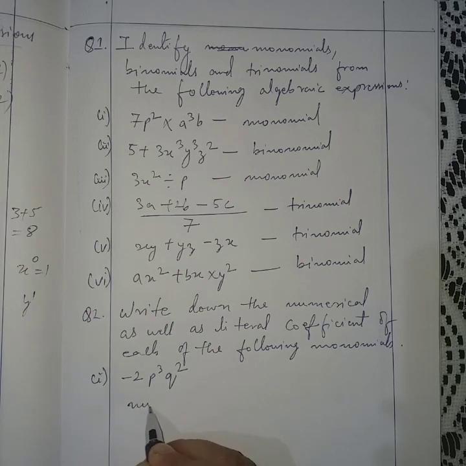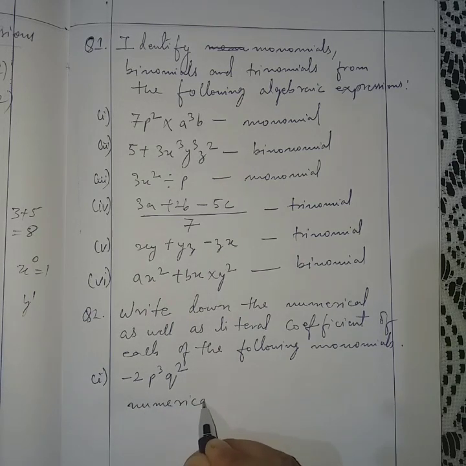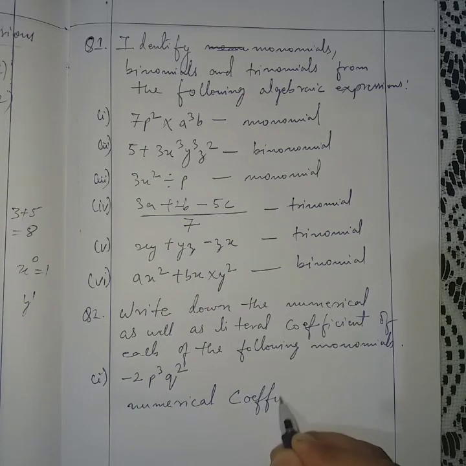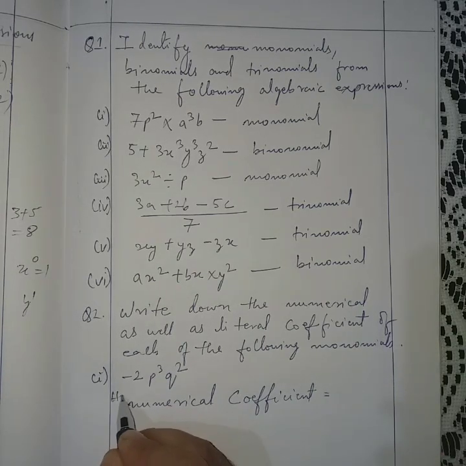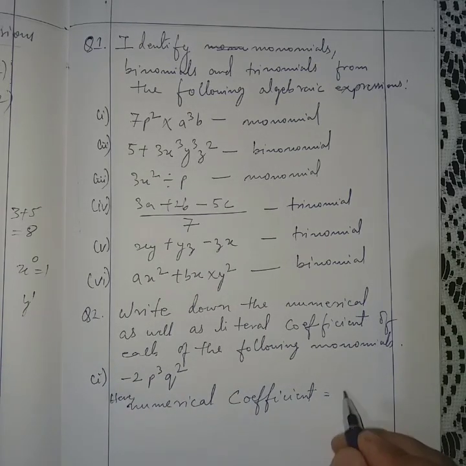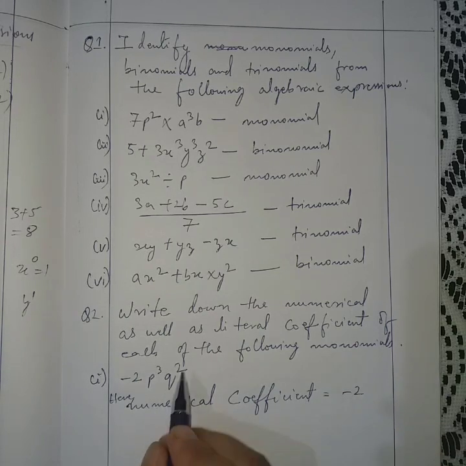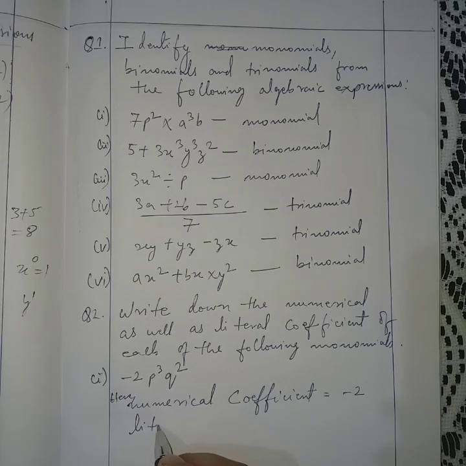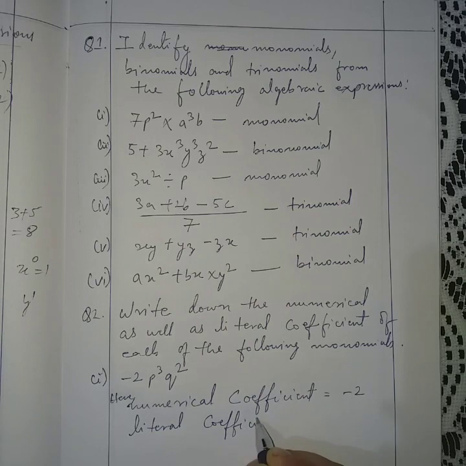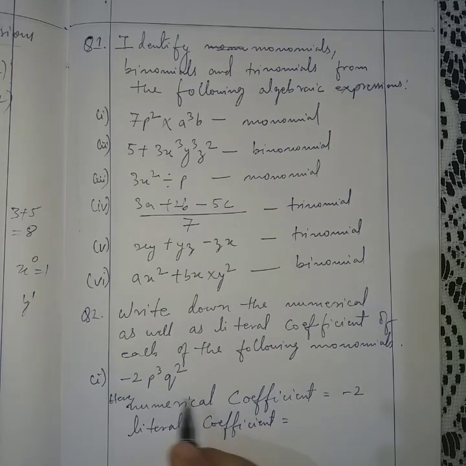So numerical coefficient is equal to minus 2, and literal means these variables. Okay, literal coefficient is equal to p cube q square.